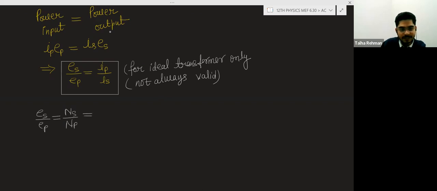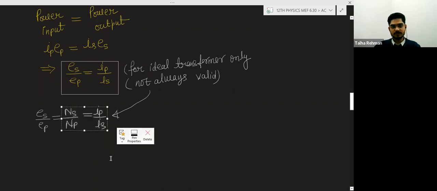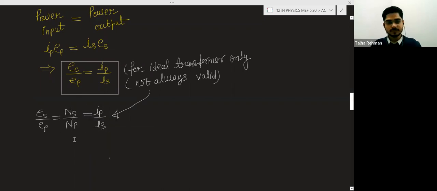When you write IP by IS, that relation is valid only for the ideal transformer.